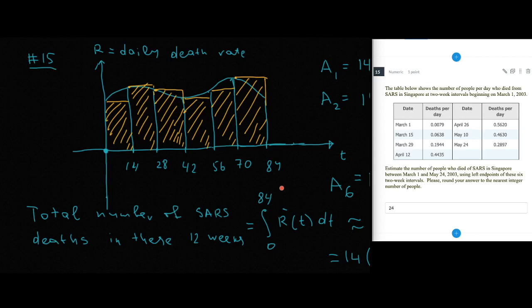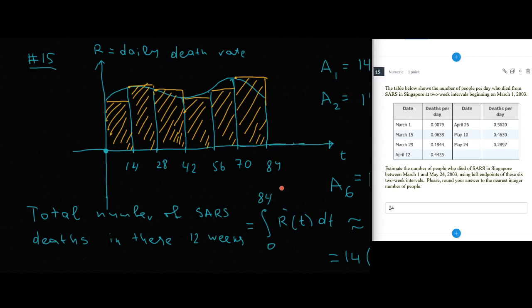And so we can't really calculate the exact number of total deaths from SARS in Singapore over this time interval. We can only approximate, and our approximation is going to be obtained by looking at the Riemann sum for this definite integral.